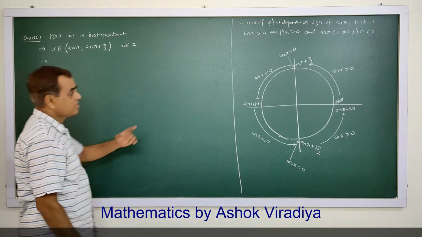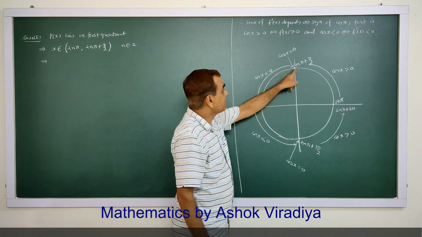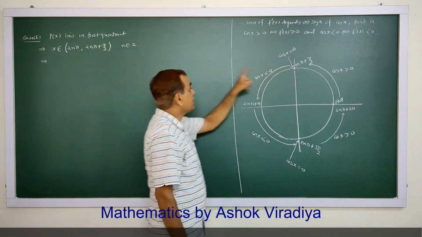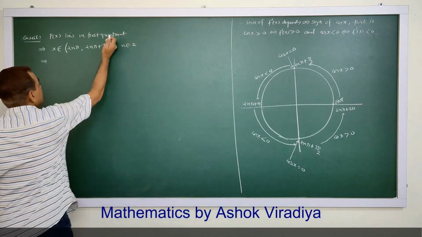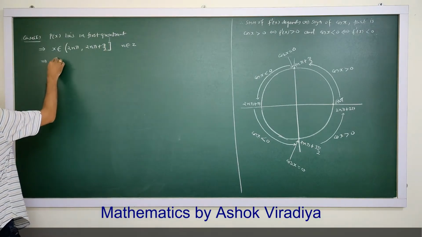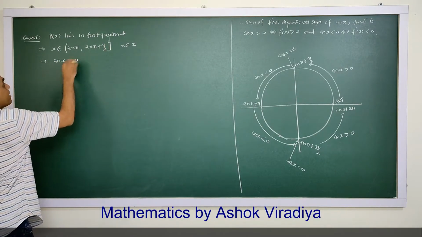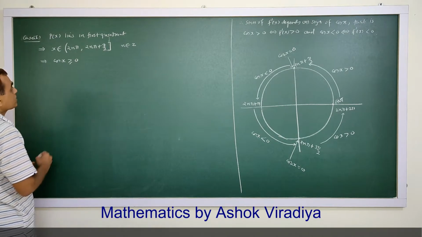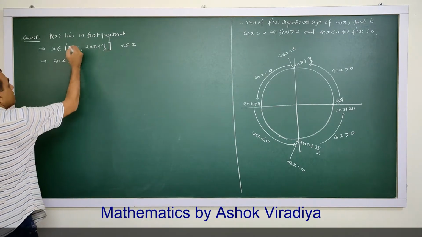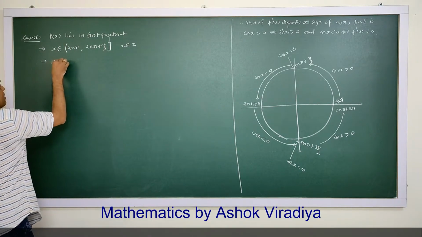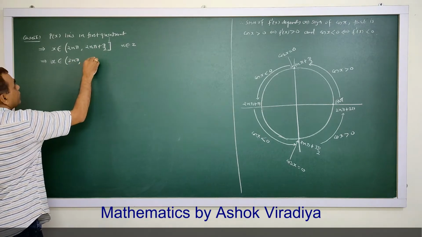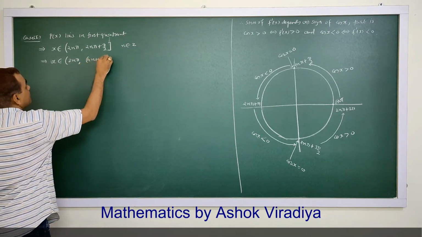Now if I include this number 2n pi plus pi by 2, then here cos x equals 0, so cos x is more than or equal to 0. Putting this interval in simple form, it is 2n pi comma 4n plus 1 times pi by 2.